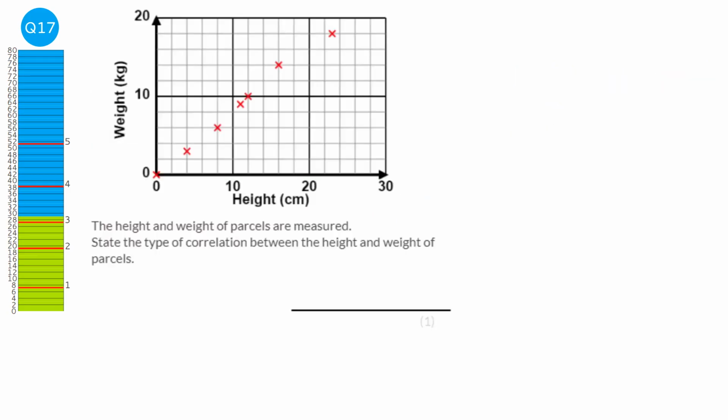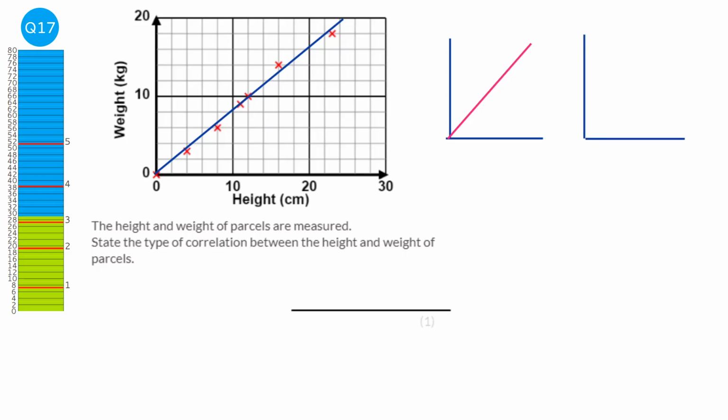So we can quickly draw a line of best fit for here. And it looks something like that. And if our line of best fit is increasing like we have here, then we say the data is positive. If, however, the line of best fit is decreasing and looks like this, we say that it's a negative correlation.